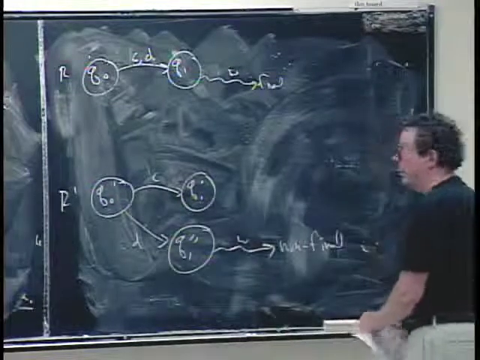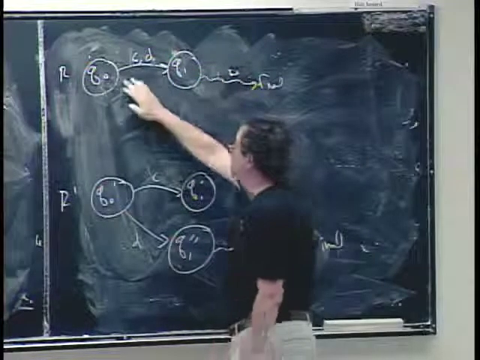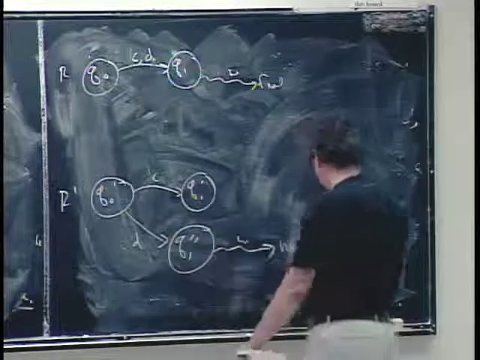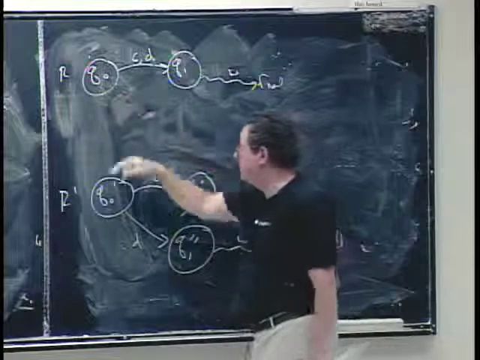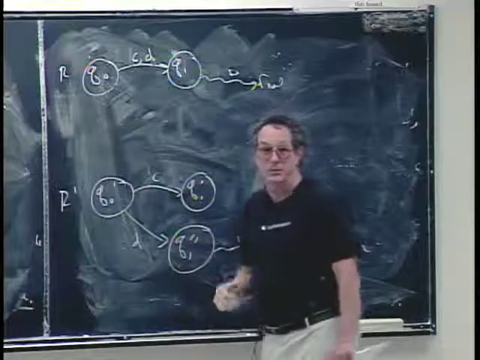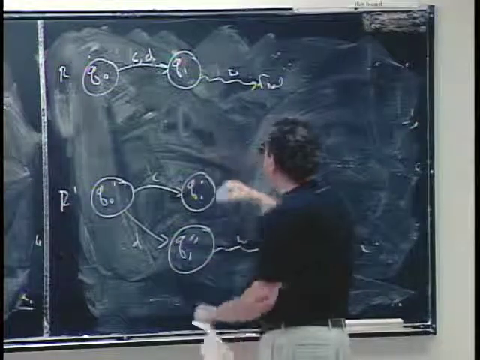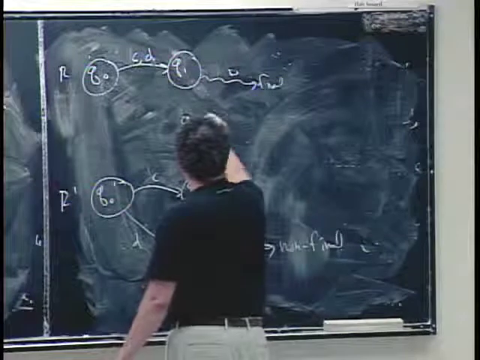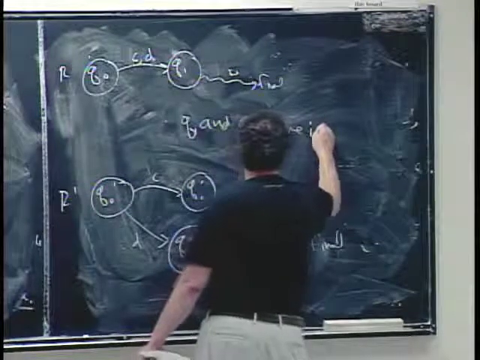Okay? Which would mean that if you took dW from Q0 and dW from Q0 prime, you would get to a final and a non-final respectively, but that would show that Q0 and Q0 prime were distinguishable. But we know they're indistinguishable, so what we just said is that if we have this situation, Q1 and Q1 double prime are indistinguishable.